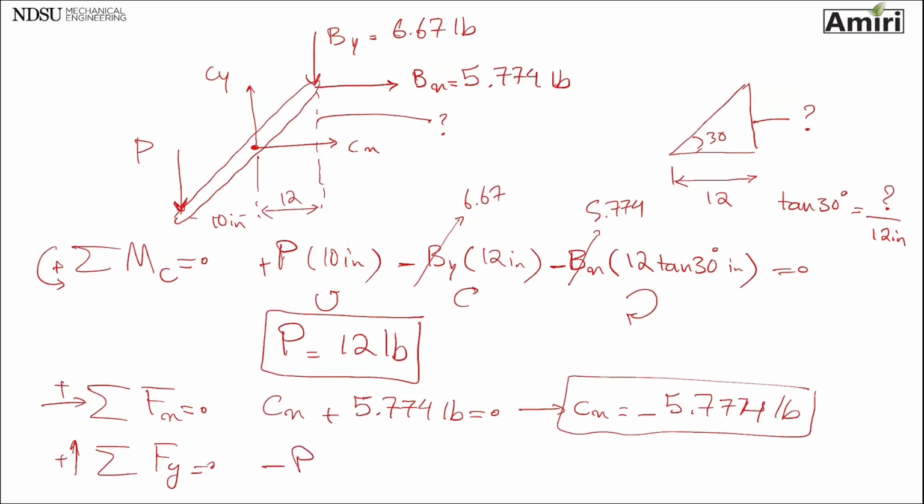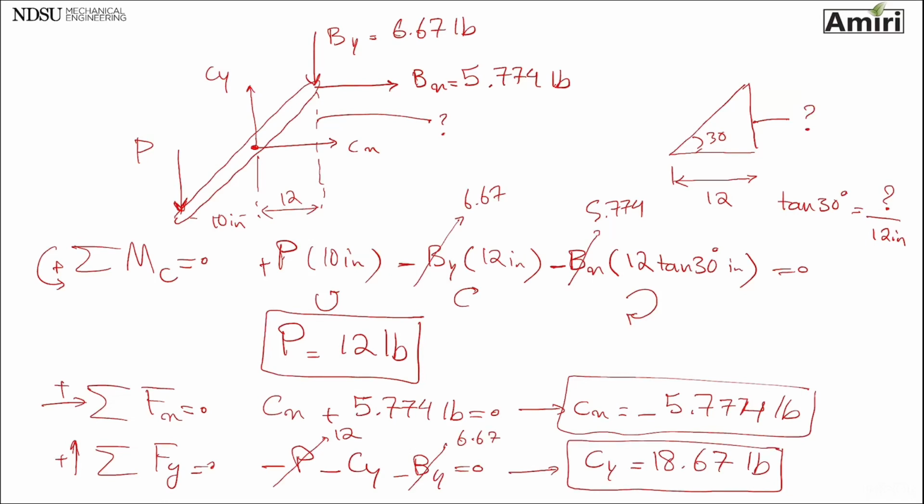So minus P minus Cy minus By equals 0. P, I just found it to be 12. By, I just found it to be 6.67. Therefore, Cy is 18.67 pounds. Okay.